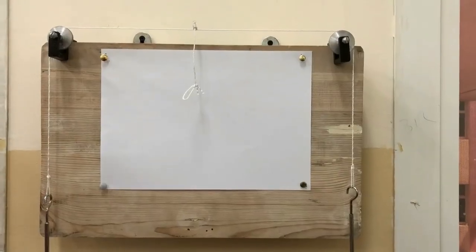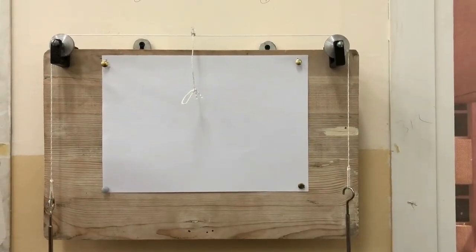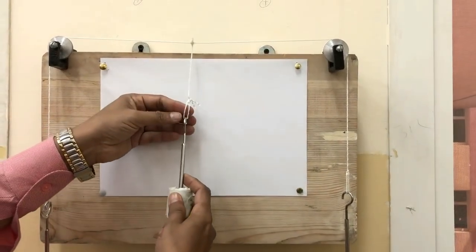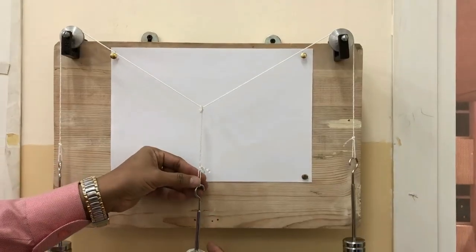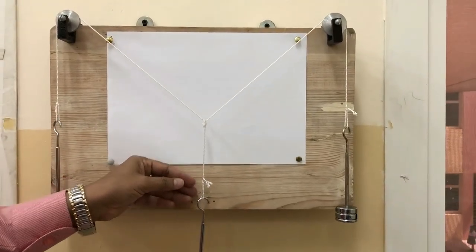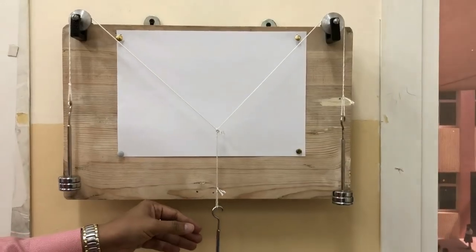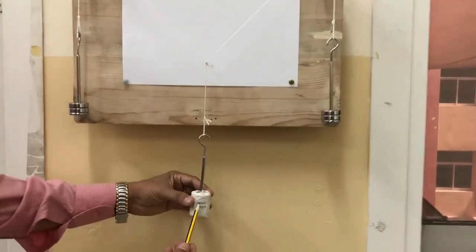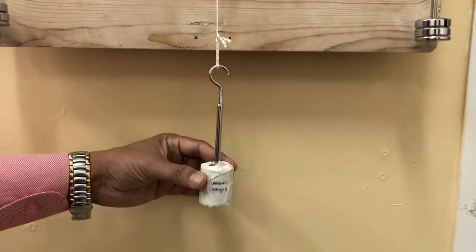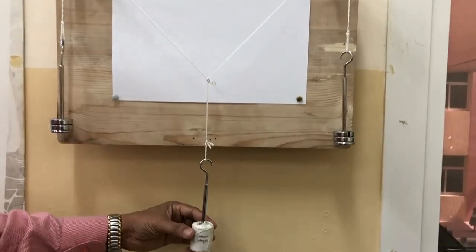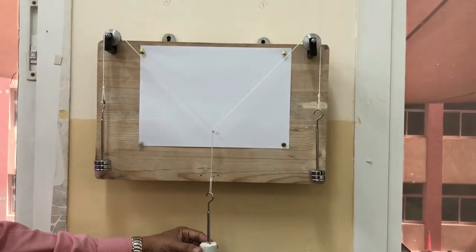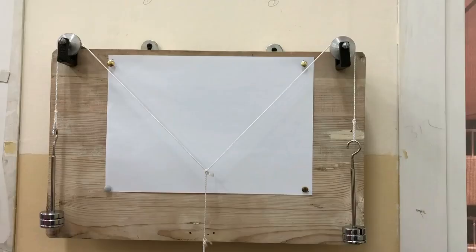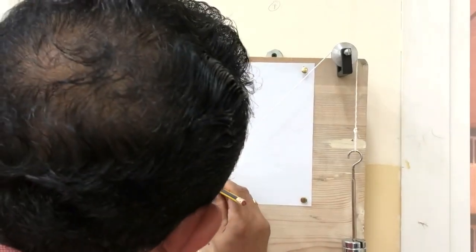An unknown weight is attached to the third string, and you can mark this point as O. So this is the unknown weight.